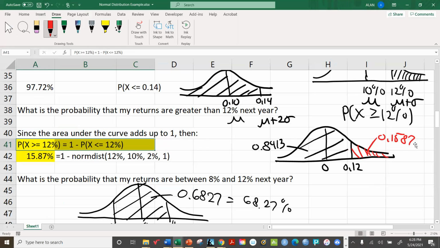Because the two of these numbers have to add up to 100%. So that means the chances of being above 12% are only 15.87%.